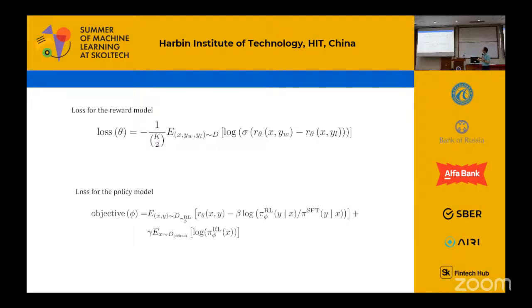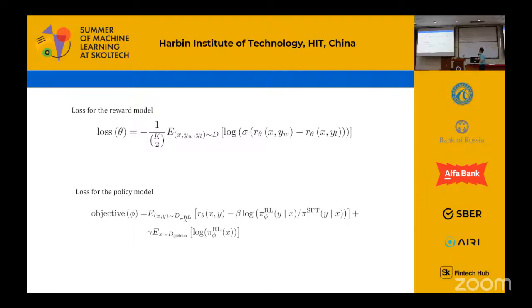The second one is a KL constraint, or KL divergence, between the RL policy, that means the updated policy, and the starting policy, the supervised fine-tuning policy, because we do not want the model to over-optimize to the reward model, as the reward model may not be that perfect. In the reinforcement learning community, if you overfit or over-optimize to the reward model, it's called reward hacking.